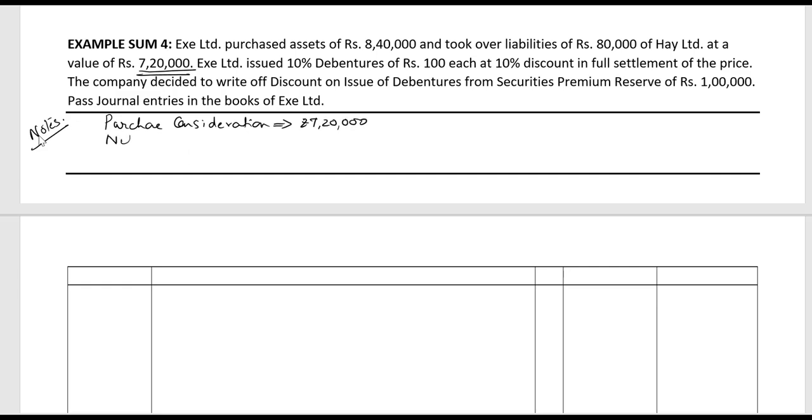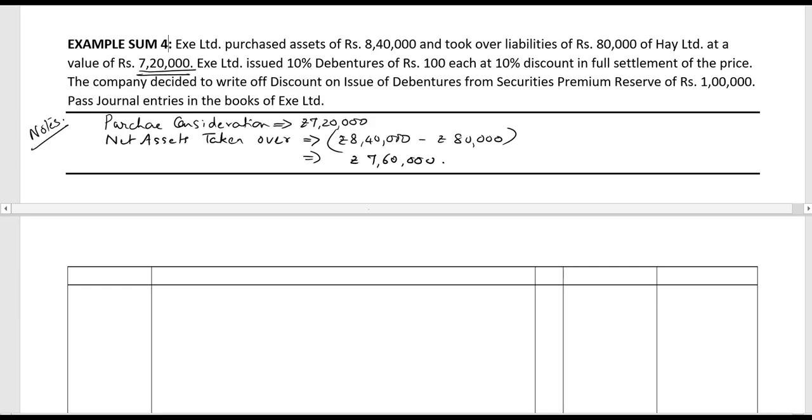The net assets taken over is equal to the sundry assets taken over, which is rupees 8,40,000, minus the sundry liabilities taken over, which is rupees 80,000. This amounts to rupees 7,60,000.